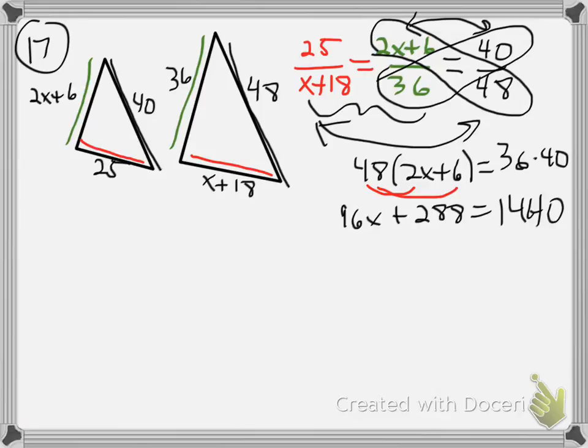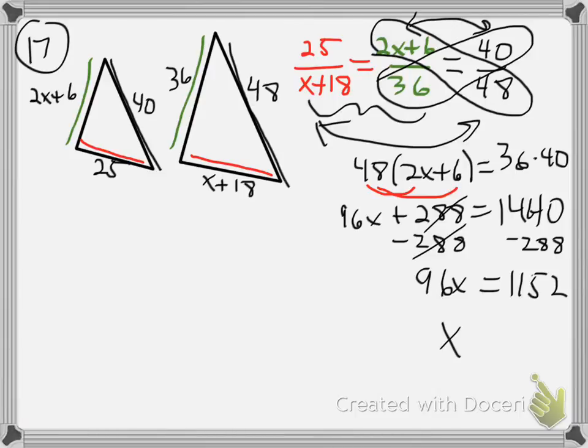Now we're going to subtract 288 from both sides. You get 1152 equals 96x. Then I'm going to divide 1152 by 96, and x equals 12. If I put 12 in, all the ratios will be the same as 40 over 48 when you reduce them.